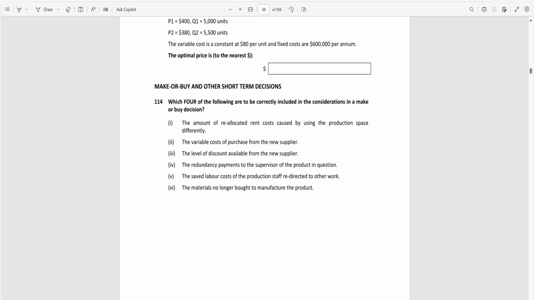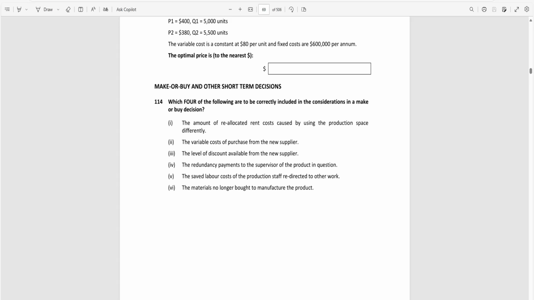Okay, the fourth one, the redundancy payment to the supervisor of the product in the question. Basically, when you choose to buy the product from outside the organization, rather than manufacturing it within the organization, in that case your employees who are working in that part will be idle.